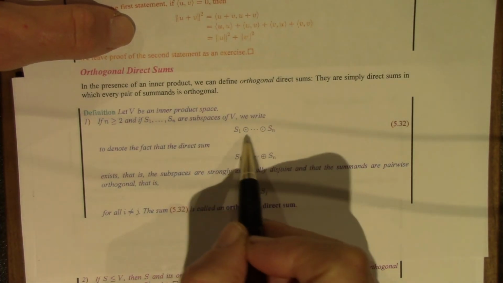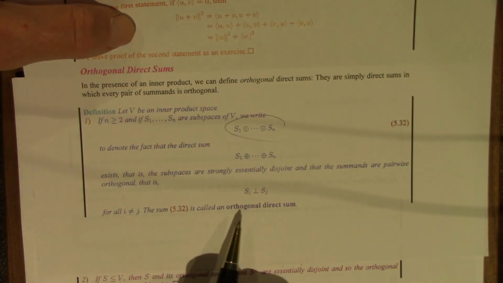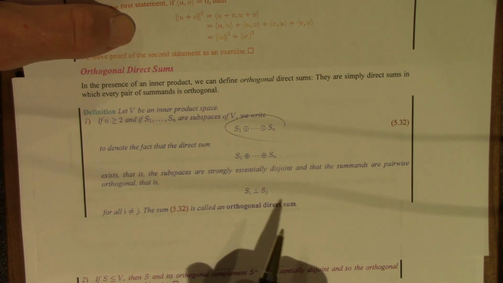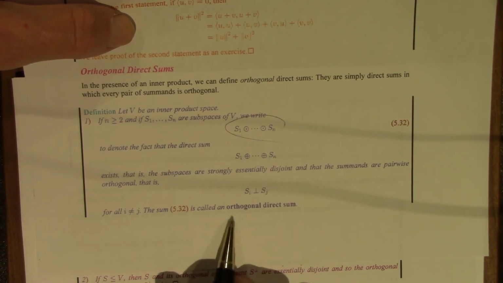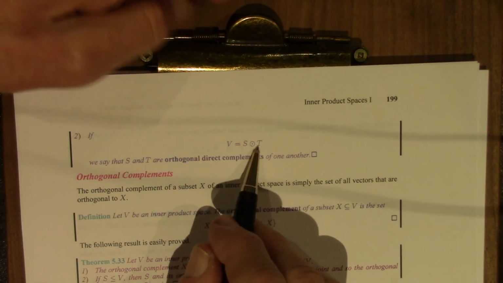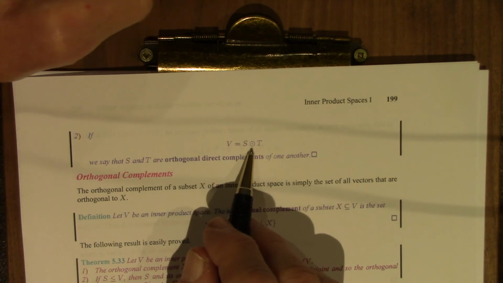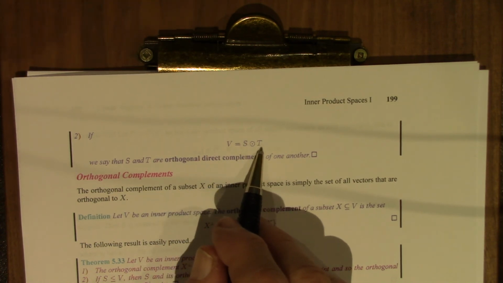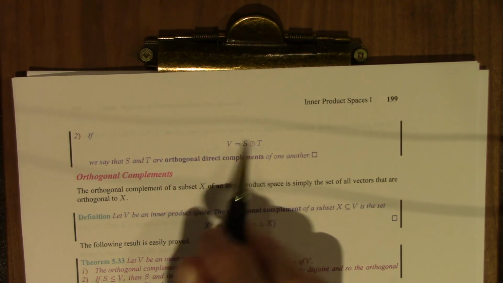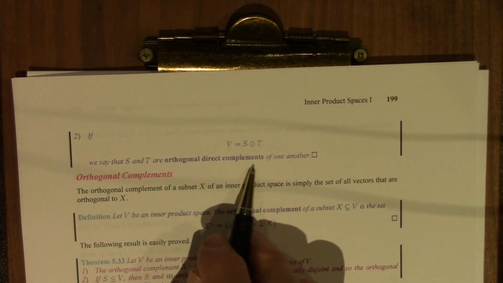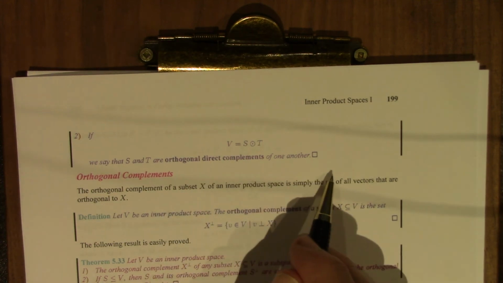This sum is called an orthogonal direct sum. It's a direct sum whose summands are orthogonal. When we just have two summands, when V equals S, I don't know, dot circle T, we say that S and T are orthogonal direct complements of one another.